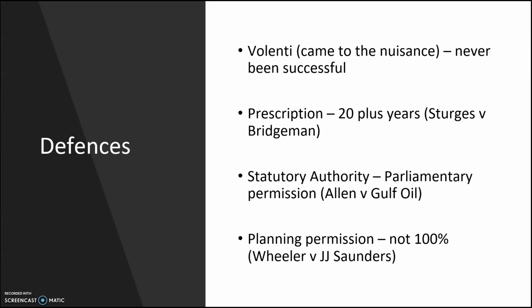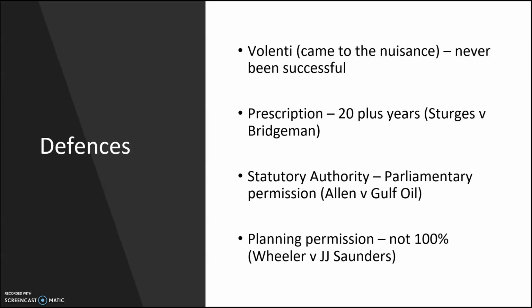So if you have a church with church bells that have been ringing for 400 years, and no one was ever affected by that nuisance, and then suddenly they build an apartment complex next to it, the 20 years starts when they build the apartment complex. So actually, if someone then complains of nuisance there, they could silence the bells. So it's really important that you make sure that someone could have sued in that 20-year period. If there was and they didn't, then the defendant has the right to continue doing that.